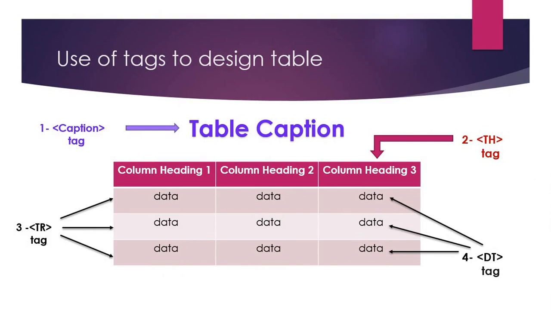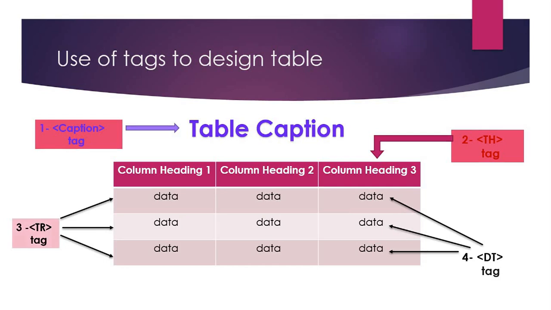Dear students, look at this slide. Here in this slide you can see all basic tags that are used to create a table. Number 1, caption tag, to give a caption or heading to a table. Number 2, th tag, to make column headings like column heading 1, column heading 2, and column heading 3.